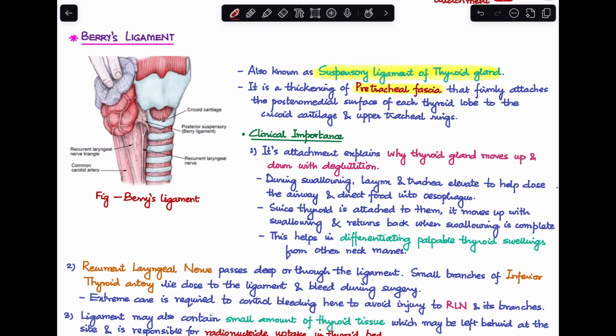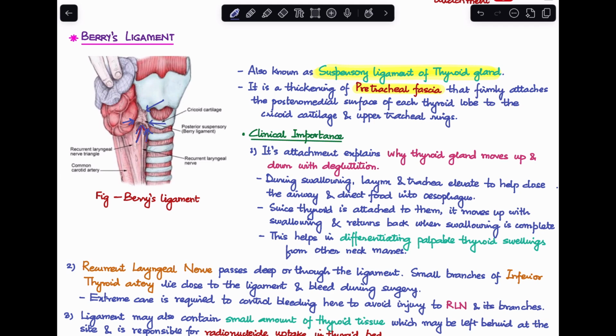If you see in the image over here, this is the Berry's ligament that we are seeing. This is our Berry's ligament. So you can see how it is attaching to the posteromedial surface of the thyroid lobe, and then it connects to the cricoid cartilage and the upper tracheal ring. Now, what is the clinical importance of this Berry's ligament?